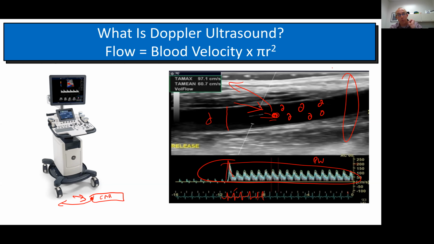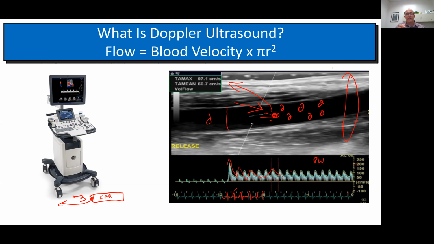And you can see blood moving really fast, and then it slows down while the heart's relaxing. Okay, so you can see the pulsatile nature of the blood velocity, fast, slow, fast, slow, fast, slow. That corresponds to the heart rate and heart contraction.